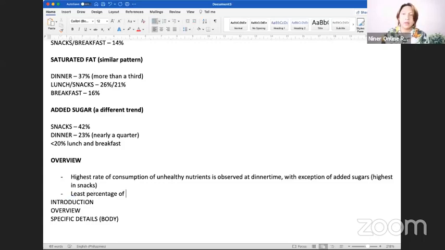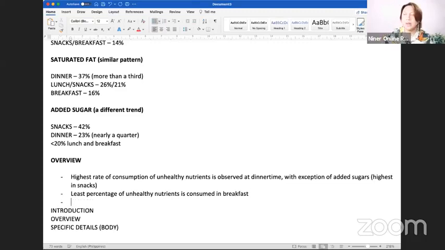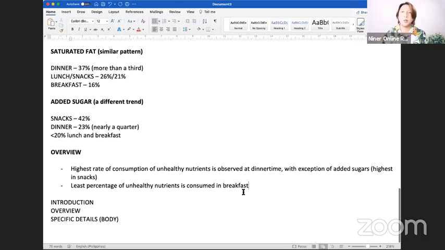Percentage of unhealthy nutrients is consumed in breakfast. Breakfast is the least among the three. Okay, so there we are. I'm going to, of course, polish that later.